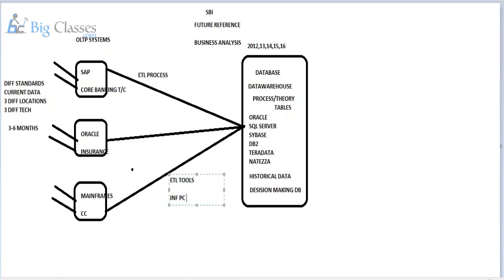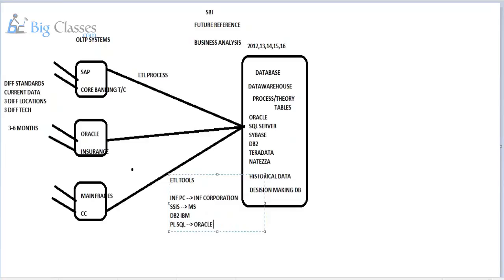Within the ETL tools, we basically perform the ETL process. Like we have Informatica PowerCenter, which is from Informatica Corporation. We have a tool called SSIS, which is from Microsoft, right? And you have DB2, which is from IBM. We can even perform ETL with PL/SQL, which is from Oracle Corporation again.